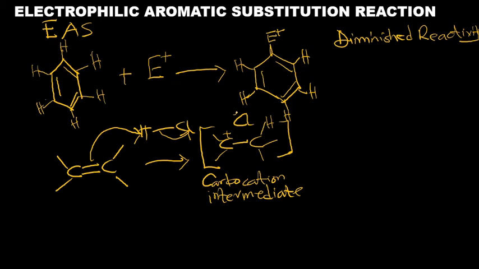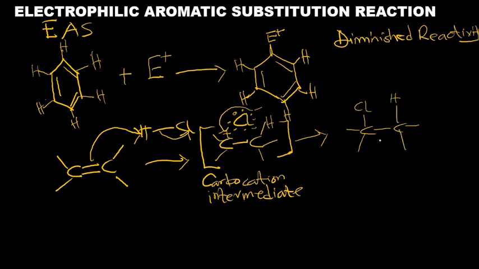So it has a negative charge, and so it's going to come all this way and attack this carbocation, and so we're now going to have our chlorine added to the carbon. So we have chlorine here, Cl, and then we have a hydrogen here.